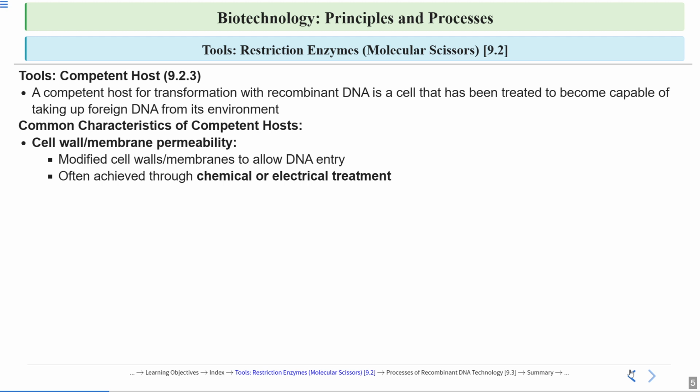It should be modified in such a way that the cell walls and membranes allow this DNA entry. And how is it achieved? It can be achieved by some chemical or electrical treatment that we are going to study further and in more detail in upcoming slides.